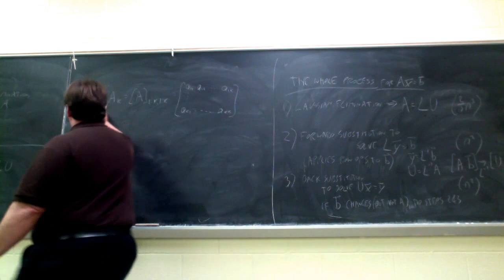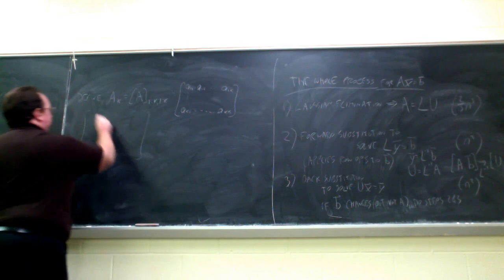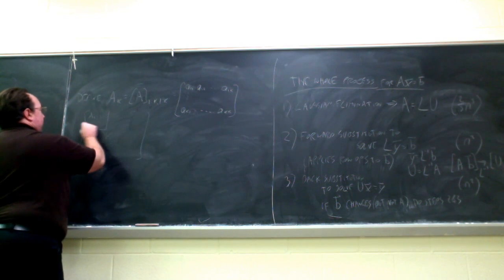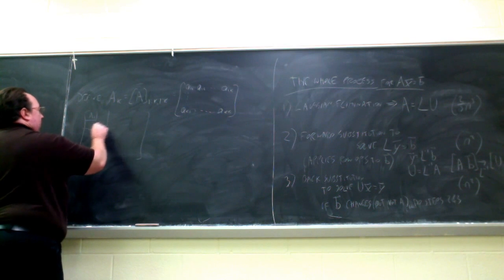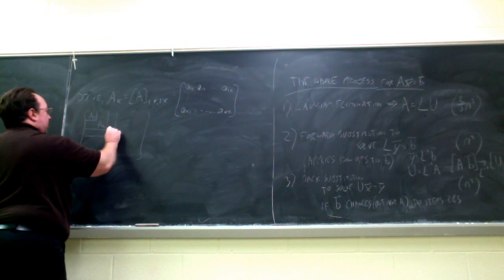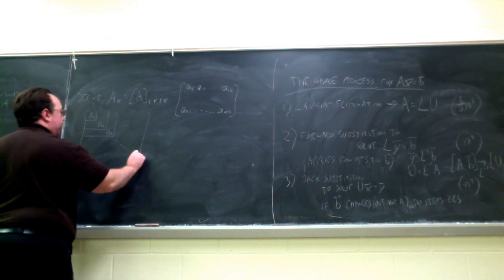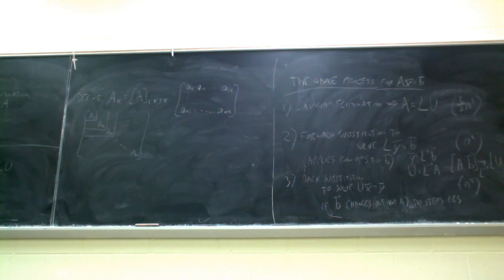In other words, in my matrix, the 1-1 entry is A1. Then the upper 2 by 2 block is A2, then A3, and then the entire matrix is AN.